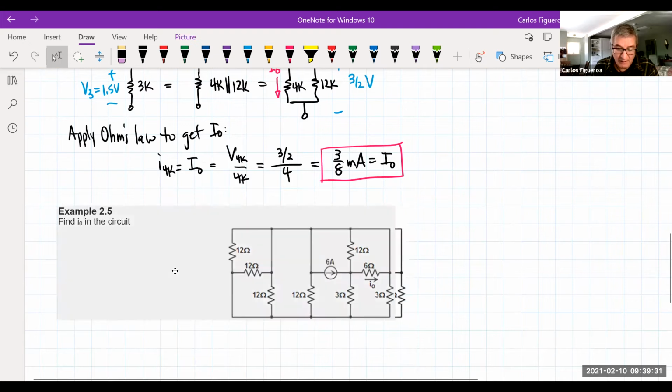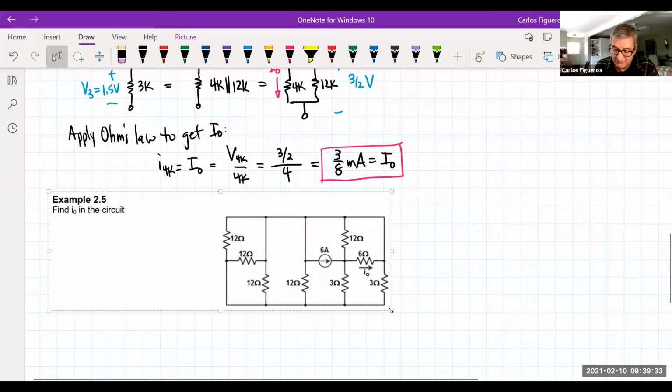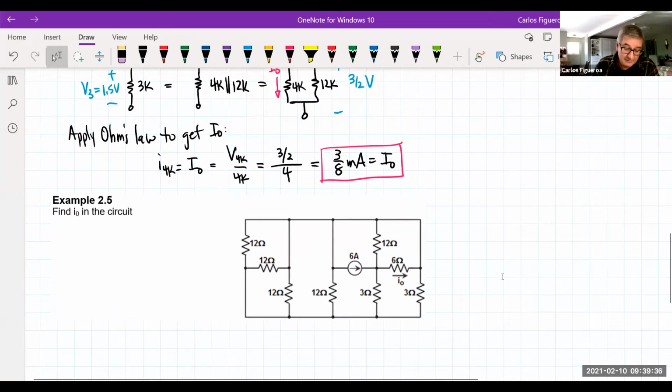So you can see there are a lot more resistors in this circuit. So here's what I want you to do. Go define the nodes. Go color them in.